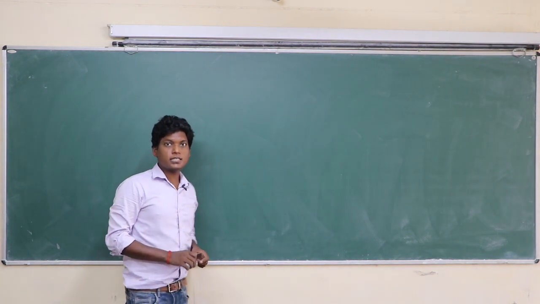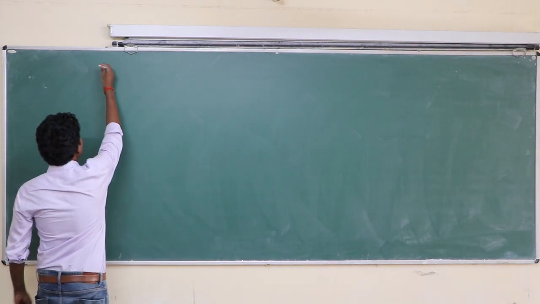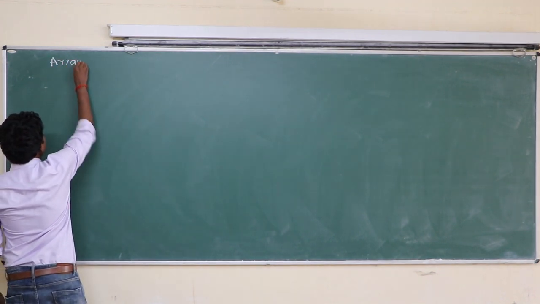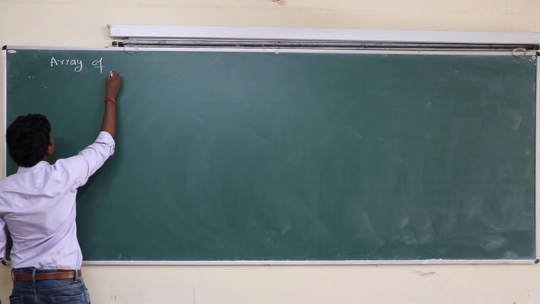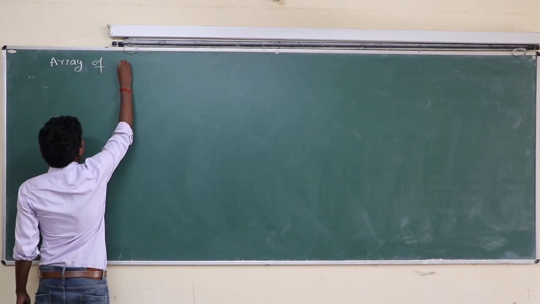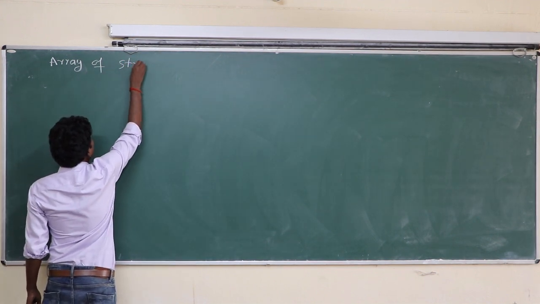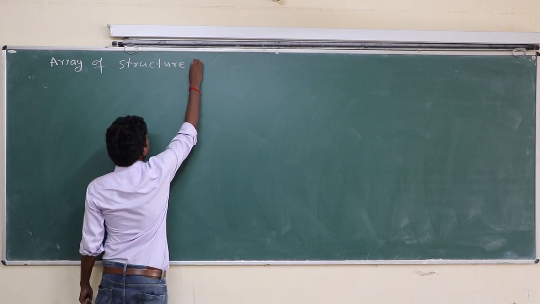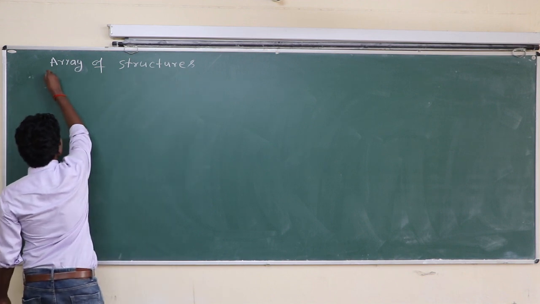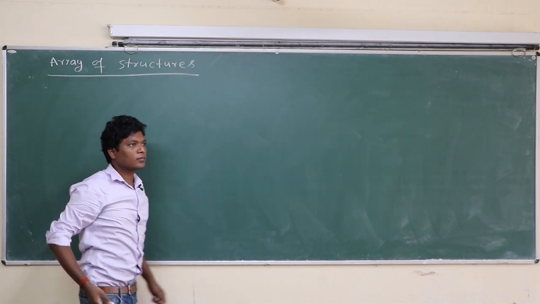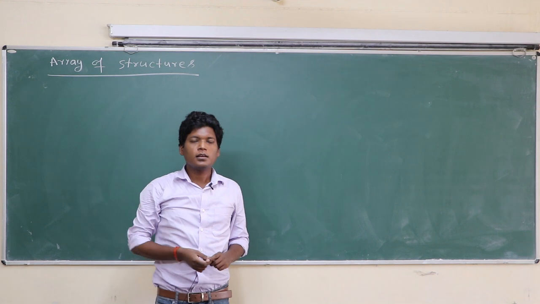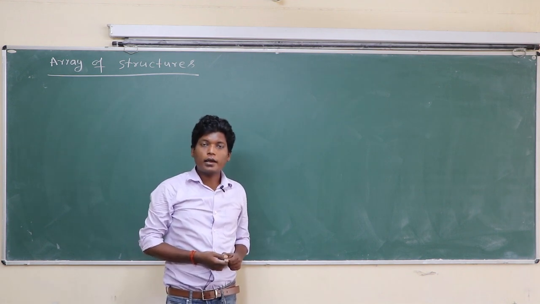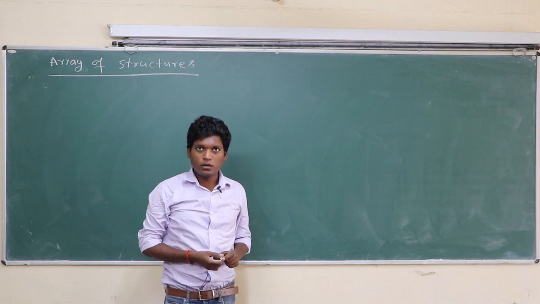Array of structures. Okay class, such as array of integer, array of characters, array of float, array of double.